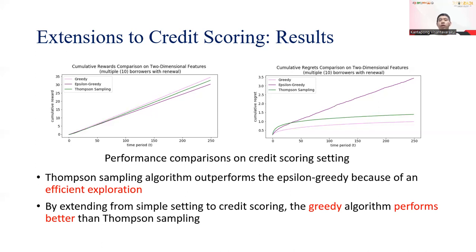But because of the efficient exploration, Thompson sampling has quite a lot lower cumulative regret here. However, by extending from the simple setting to credit scoring, we can see that the greedy algorithm performs better than Thompson sampling, because the pink line goes below the green line for the cumulative regret.